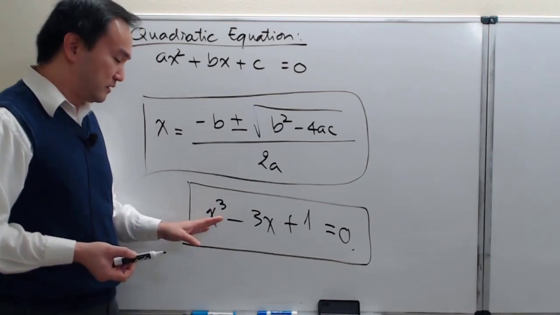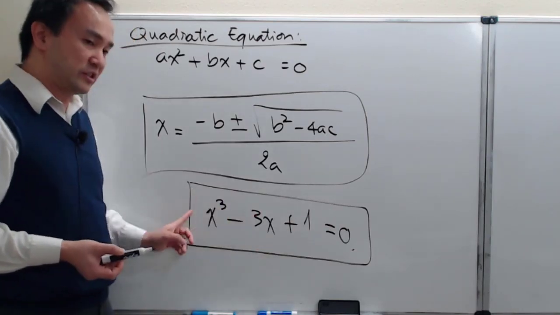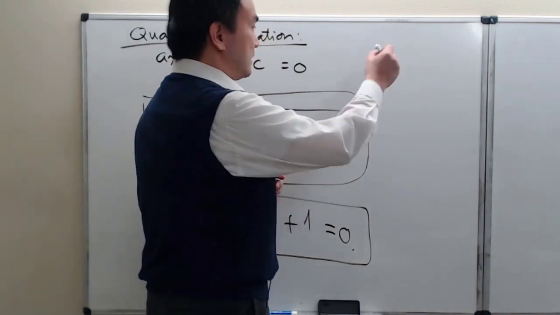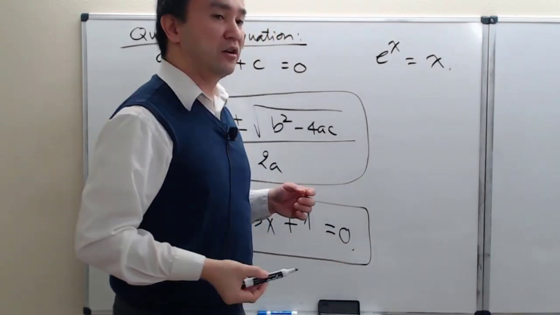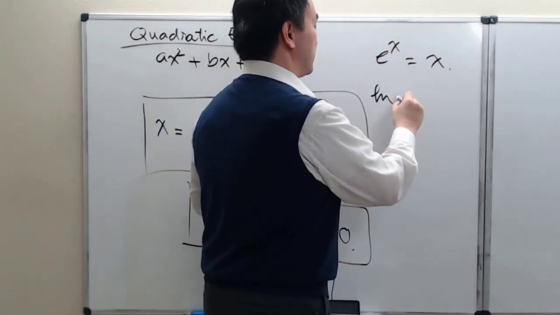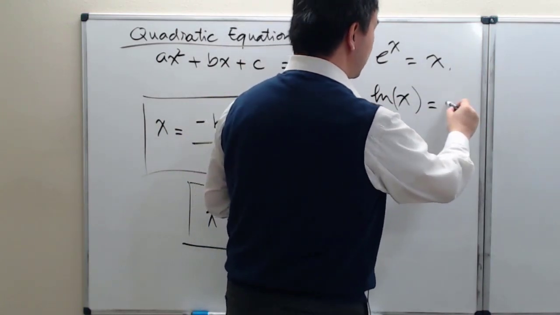The world of solving equations out there is not limited to just these polynomials equal to 0. We also have equations like e to the x equals x. How can we find a value of x that satisfies e to the x equals x? We can also solve an equation such as natural log of x equals x.